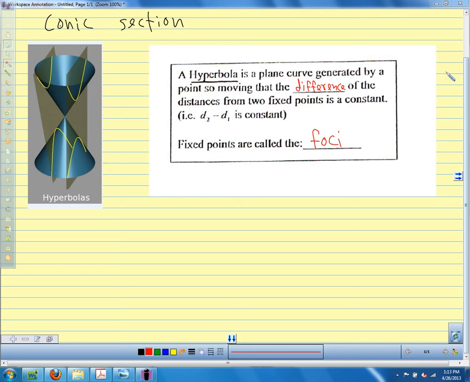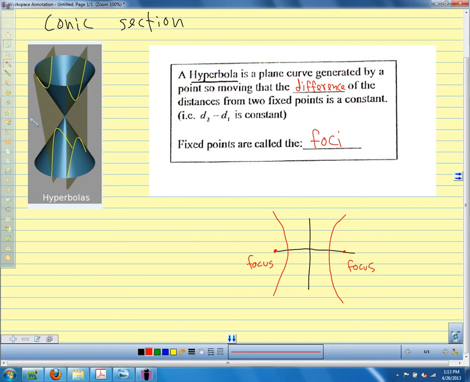So if I draw a hyperbola, here's my hyperbola. There's my axes, and my hyperbola will do like so. So there are my two pieces of my hyperbola. And we have a focus here, and we have a focus over here.